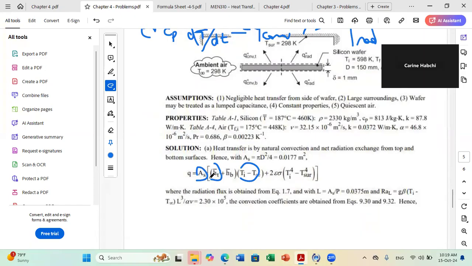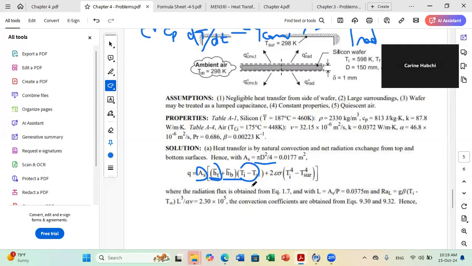So we need to evaluate h bar top, h bar bottom, and multiply them by area times delta T. Now for radiation, top and bottom will lose heat by radiation, and it's 2A, which is pi d squared over 4 times 2, times epsilon sigma, T to the power 4 minus T surrounding to the power 4.